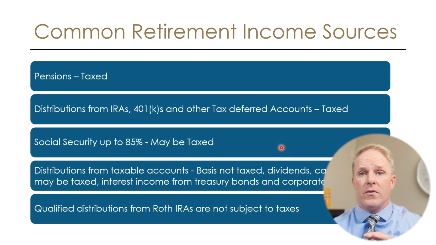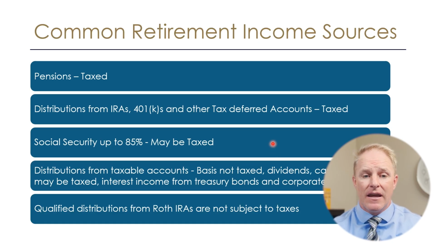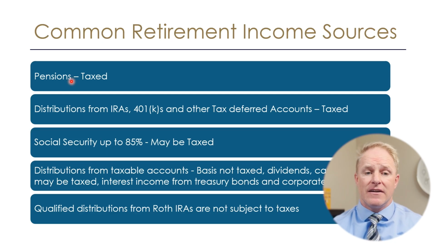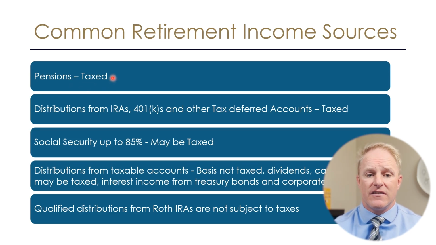Before I go over those two methods, I just wanted to talk about some of the more common types of income that people have in retirement. Some people will have pensions where they get a monthly income stream, and generally speaking, those pensions are fully subject to federal income tax.